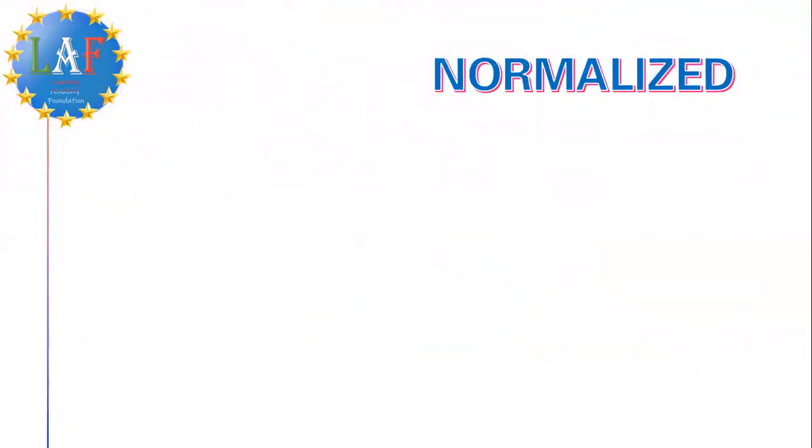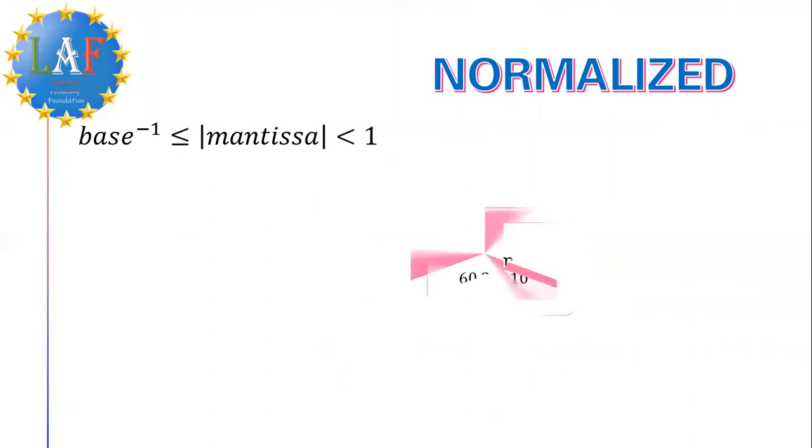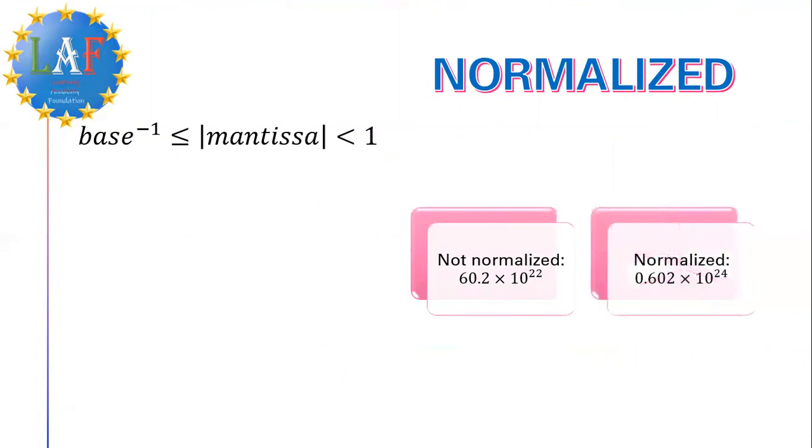A number is normalized when the absolute value of the mantissa is between the base power negative 1, included, and 1. For example, a not normalized real number 60.2 times 10 power 22, when normalized, becomes 0.602 times 10 power 24.